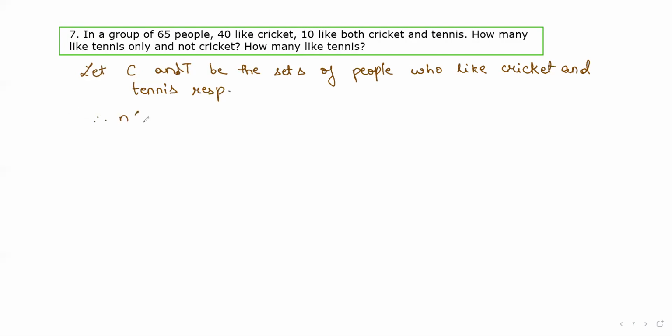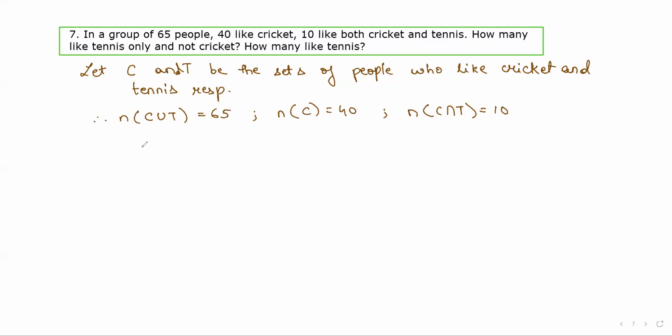Therefore, n of C union T is given to be 65. n of C is equal to 40. Some like both, so n of C intersection T is equal to 10. How many like tennis only and not cricket?